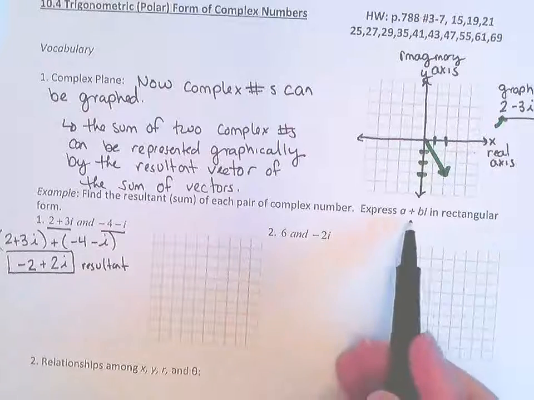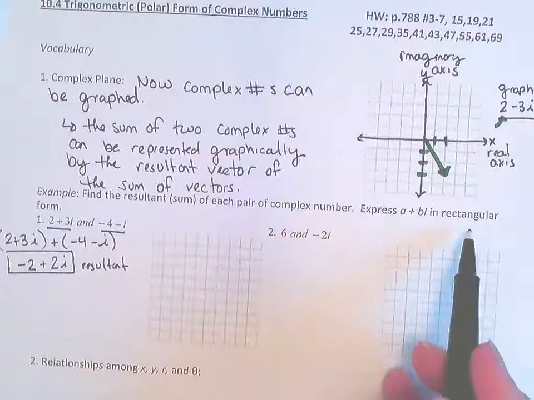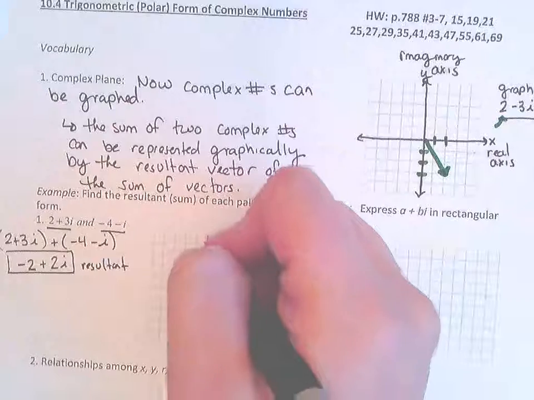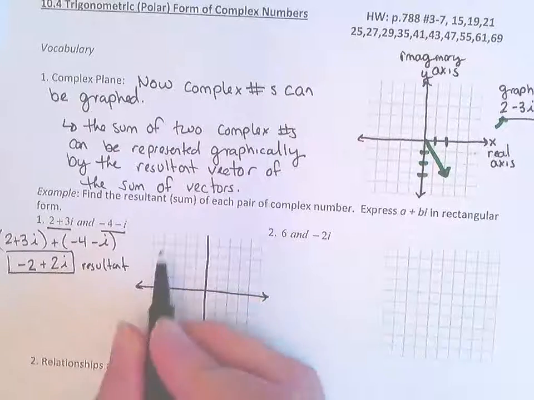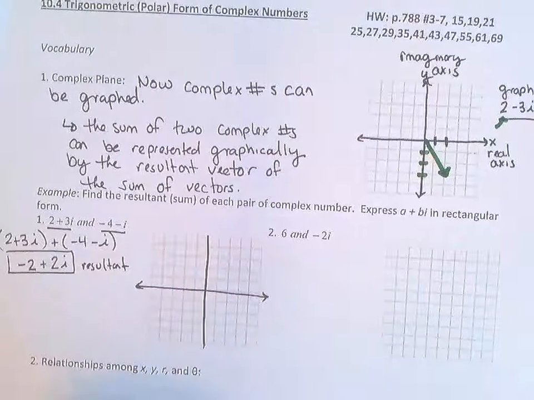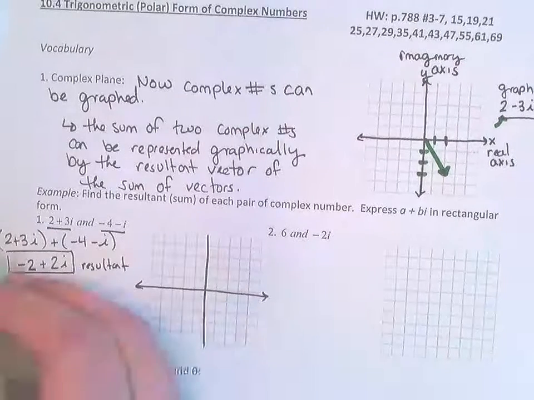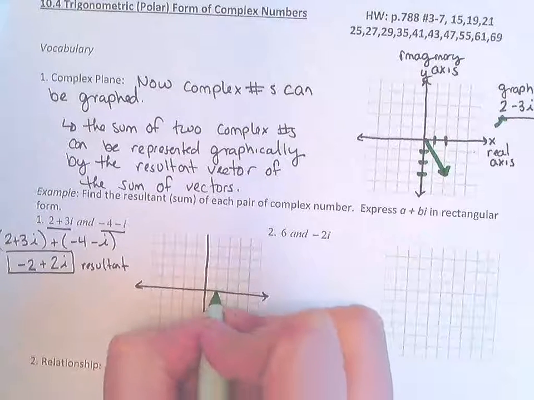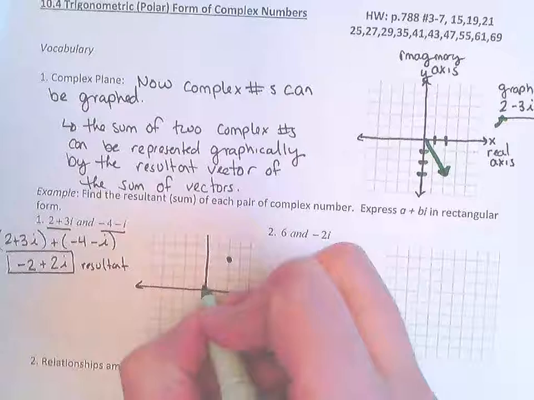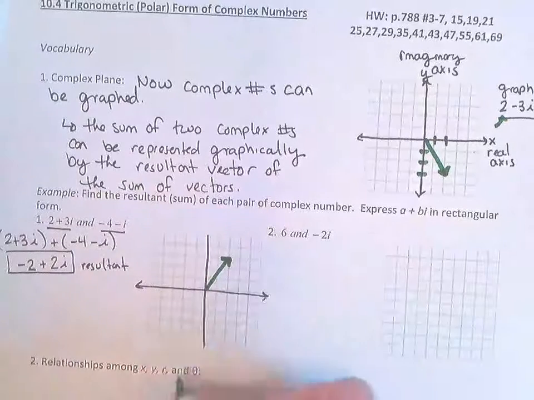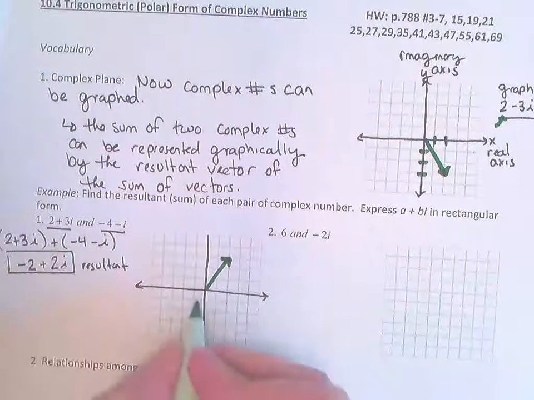Now we want to express a plus bi in the rectangular form, so what that means is we're going to graph all three of these, and you'll see why it's called the rectangular form in just a second. We're going to graph 2 plus 3i, so 2, and then up 3. There's that vector. Then we're going to graph negative 4 minus i.